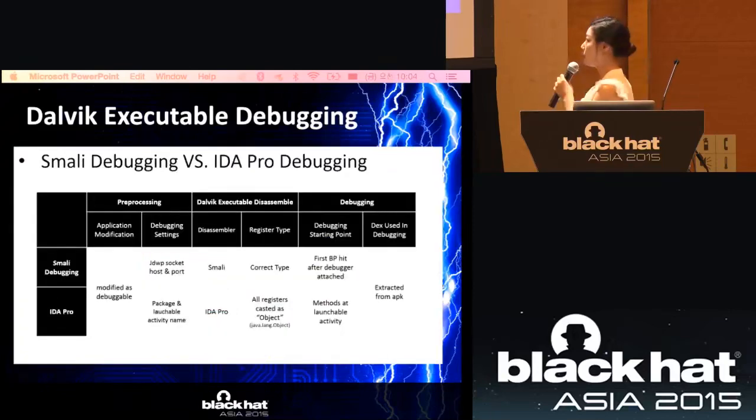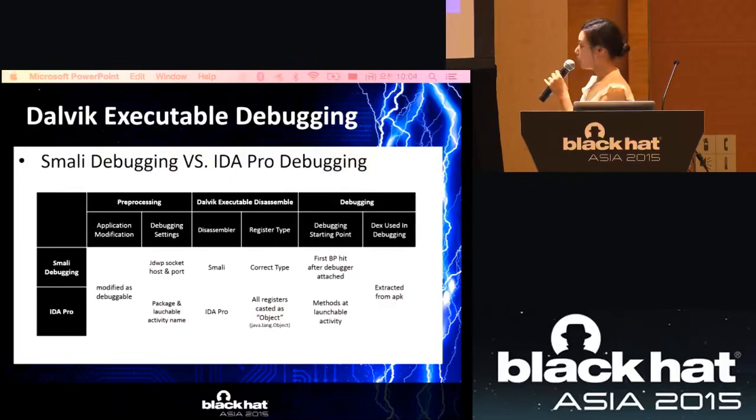This slide compares Smali debugging to IDA Pro debugging. Basically, both debuggers need applications to be debuggable. It's just a default option for a debugger to debug an application. Both debuggers also require debugging settings. In the case of Smali debugging, it requires the JDWP socket and host and port information.